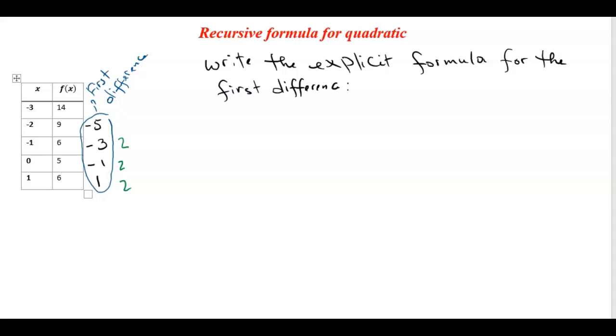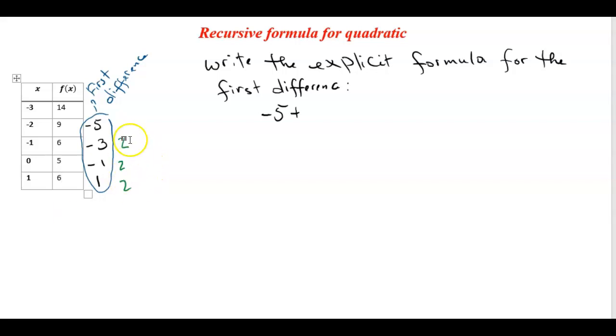So with that being said, we're gonna go on that first difference list: negative 5, negative 3, negative 1, and 1. So the first number here is negative 5. So we're gonna start with the first number, which is negative 5, plus the common difference.